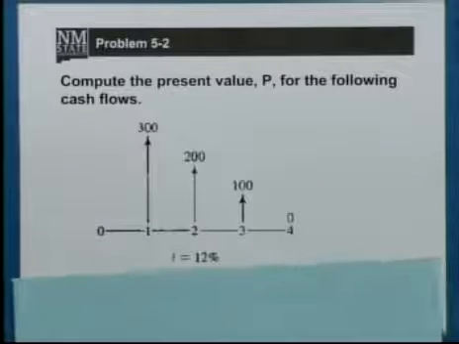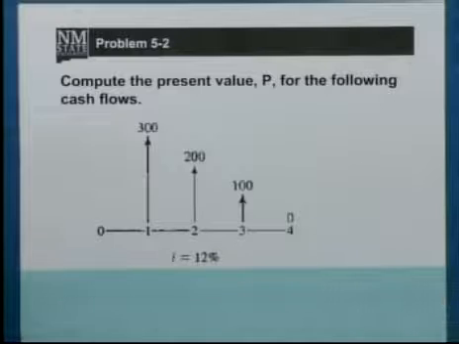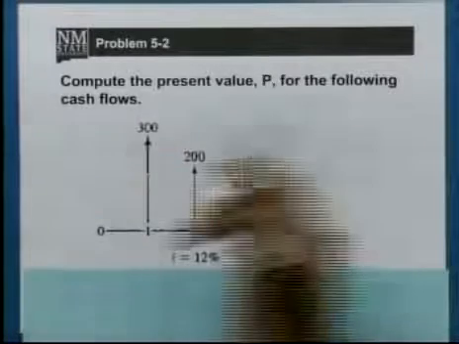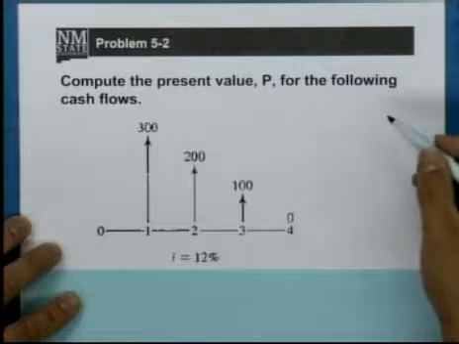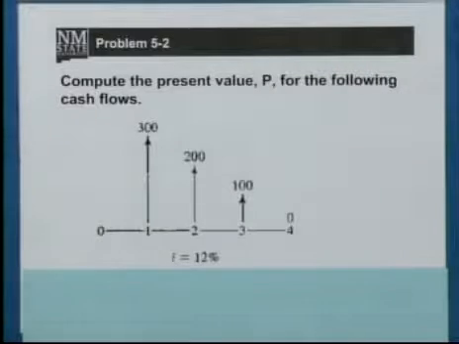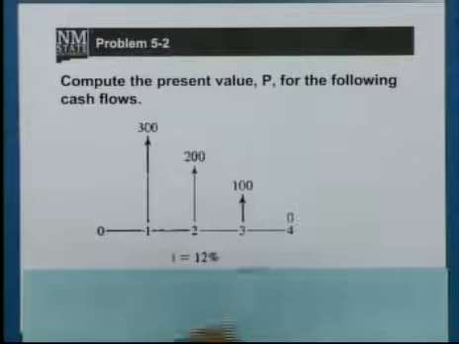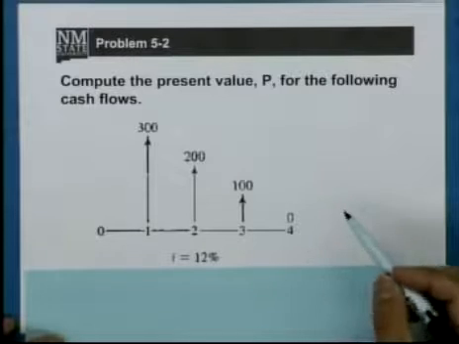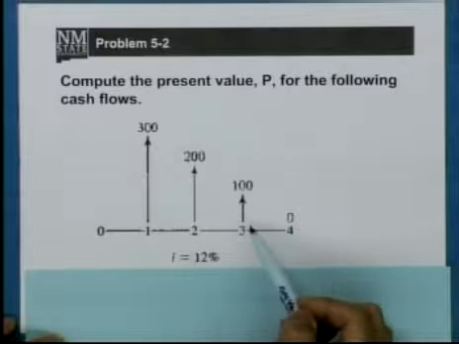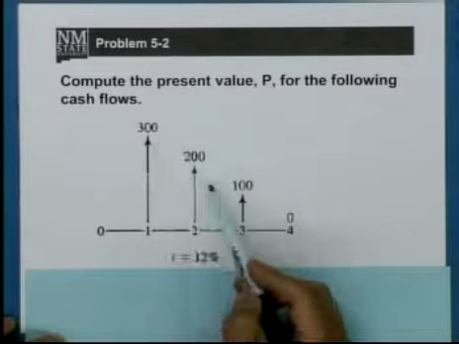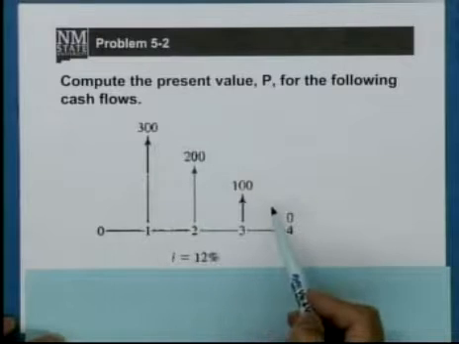Okay, so we are working on problem 5-2. Again, compute the present value P for the following cash flows. In this case, if you look at the period by period change amount, how much is that? It's negative $100, right?